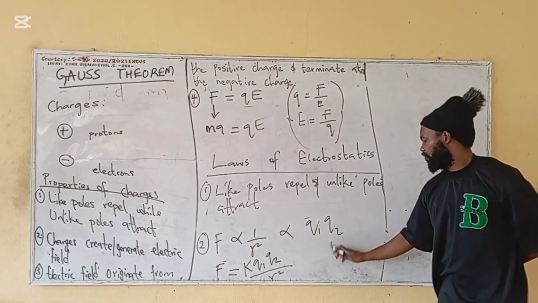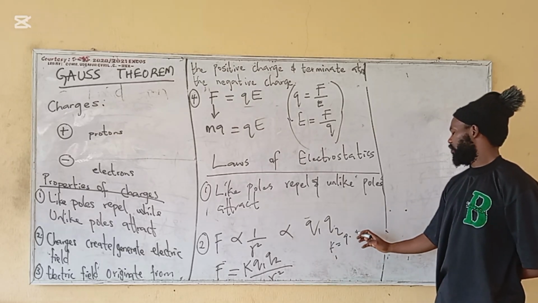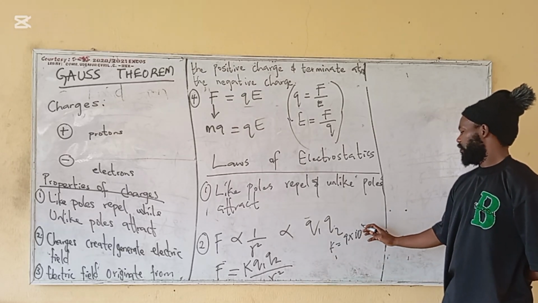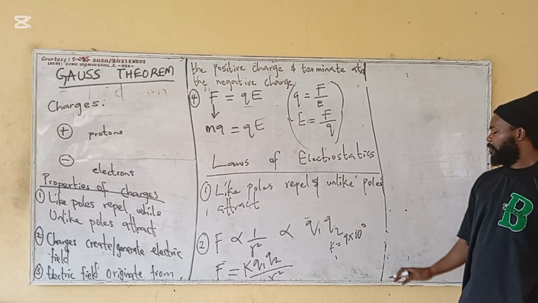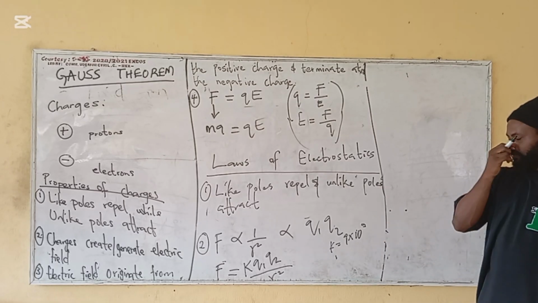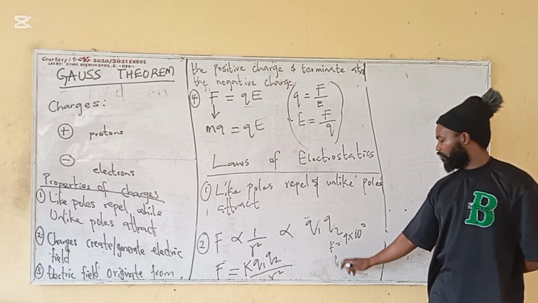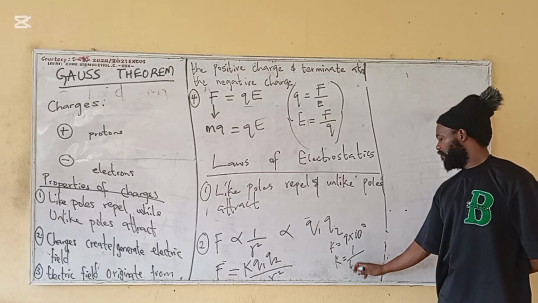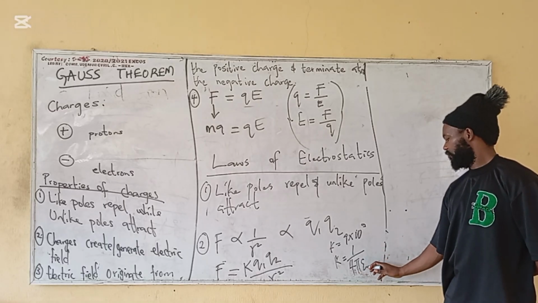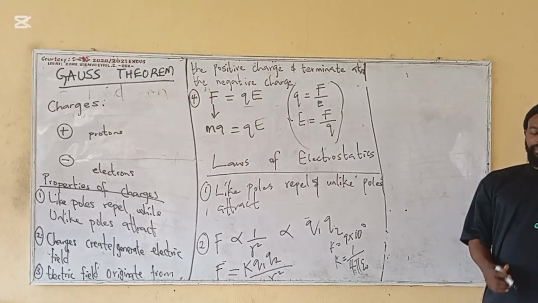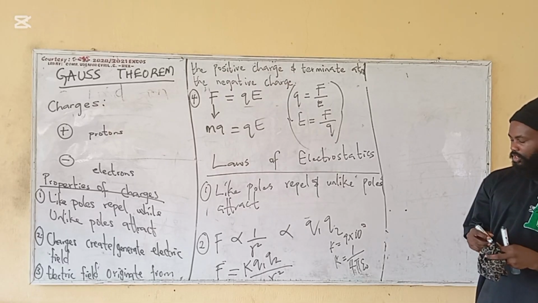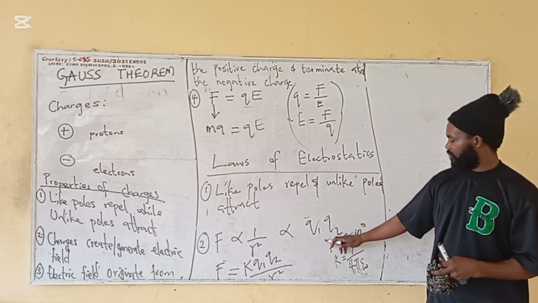We know that K is equal to 9 times 10 to the power 9. But I don't want us to guess the unit. Let's prove it. Let's find it. K can also be the same as 1 over 4 pi epsilon naught. Very simple. You see why I don't want you to be cramming it.